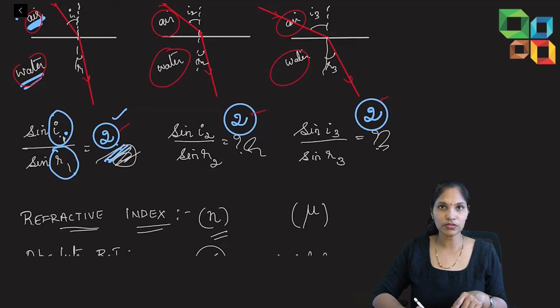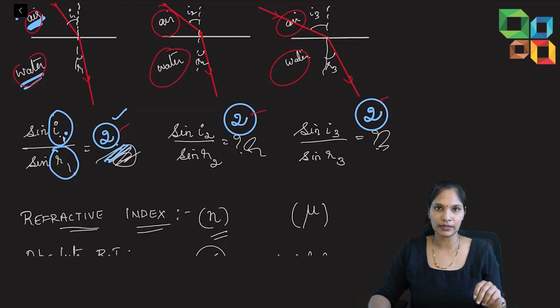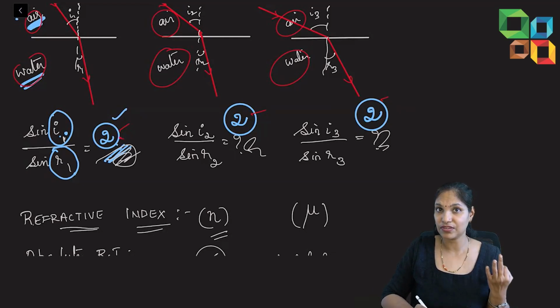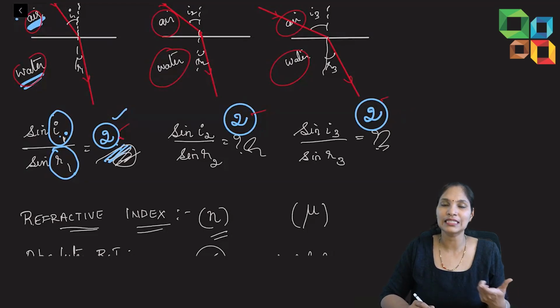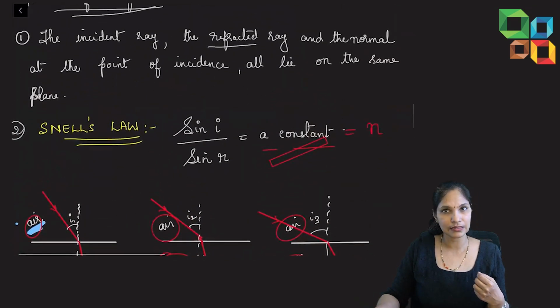That means these values depend on the nature of the medium, how dense it is, how less dense it is. So this constant itself is a refractive index, because that is the term which tells you the optical density of the medium. So it's very clear that this constant is nothing but the refractive index itself.